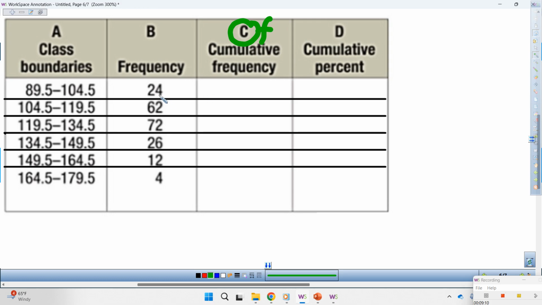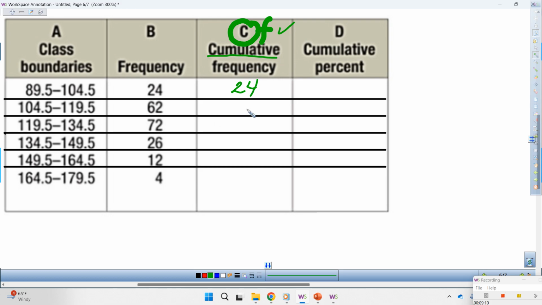So I start off, my first class is still 24. Now, being that we already covered cumulative frequency, you should know what would be the next value that goes here for the second class. Hint, cumulative.